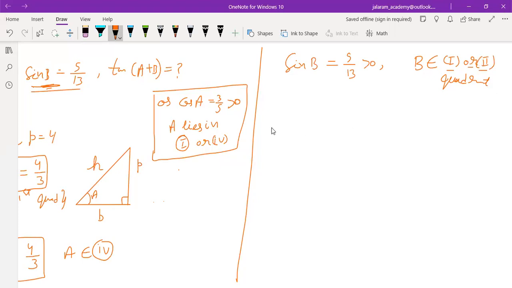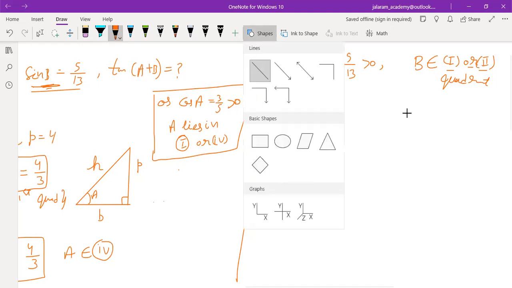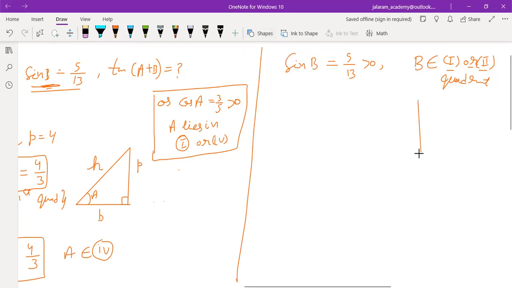So there are two possibilities. Now using this value of sin B, we will again draw a triangle, and this time the reference angle is angle B. Don't think these two angles are angles of the same triangle. They are of different triangles.